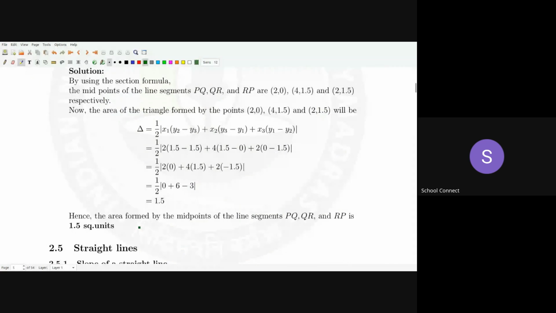So the units will be squared units. Area will always be in squared units. But don't worry, in mathematics, we won't test you on units. We more test you on the value, so 1.5 is sufficient for us.